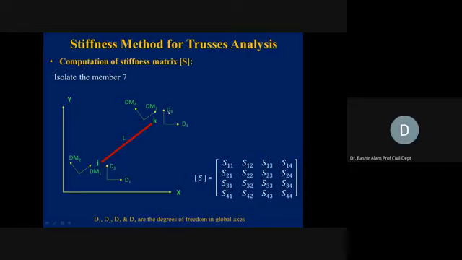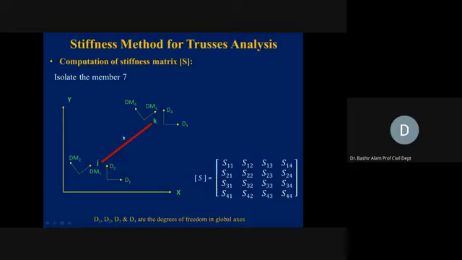So D1, D2, D3, D4 are the displacements at the joints of the member in the global coordinate system. And DM1, which is along the axis of this member, M is for the member, displacement in the member axis along direction 1 now. So these are the displacements in the local coordinate system, DM1, DM2, DM3, and DM4.